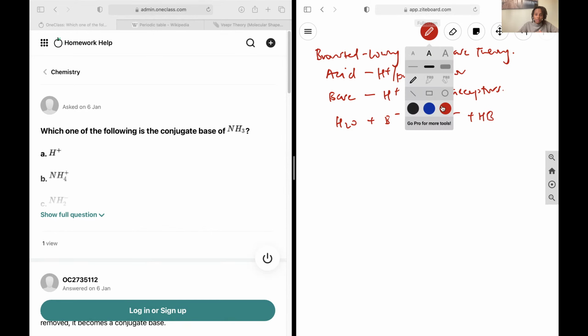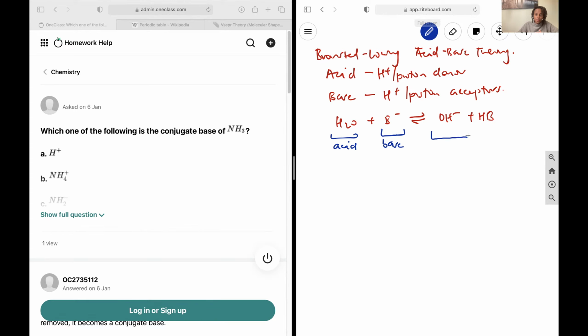And so that would mean that when I'm labeling this, this is going to be my base, because I can see it's taken the hydrogen ion, and I'm going to label this my acid because it has donated that hydrogen ion to the base. Now, the names are actually partnered, and the acid will now become a conjugate base, and the base will now become a conjugate acid.